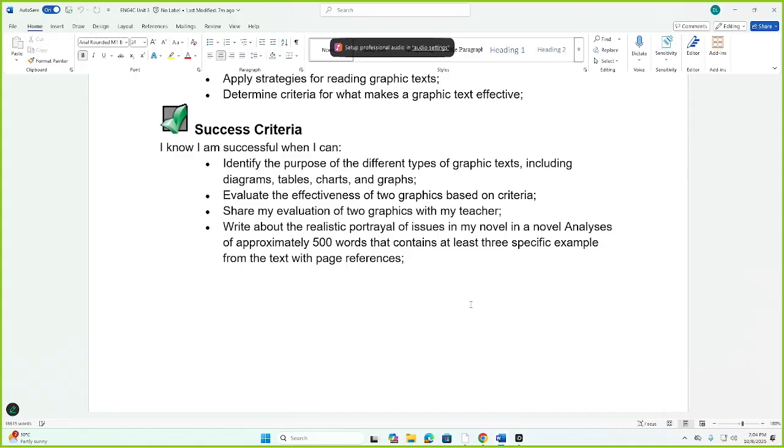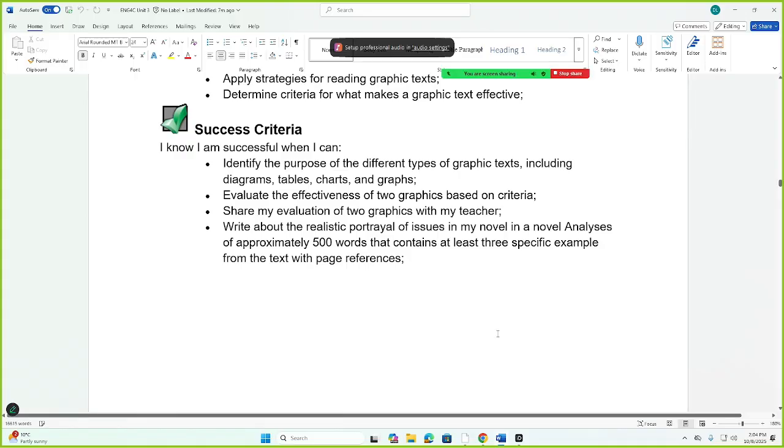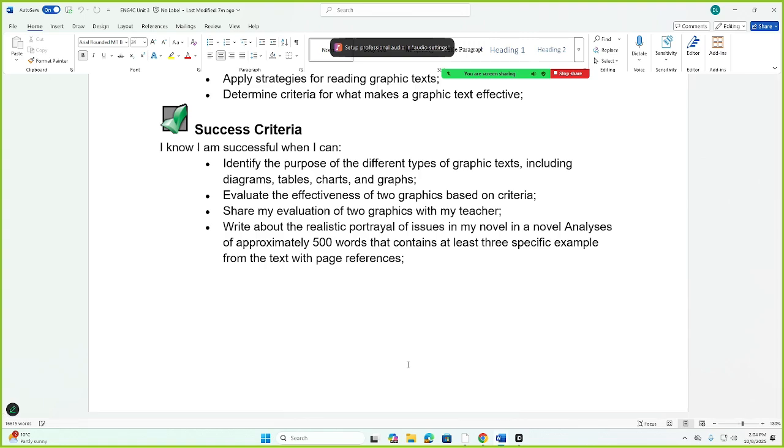You will be successful when you can evaluate the effectiveness of two graphs based on criteria. You will be successful when you can share your evaluation of two graphics with your teacher, and of course those graphics will come from your research on the internet.